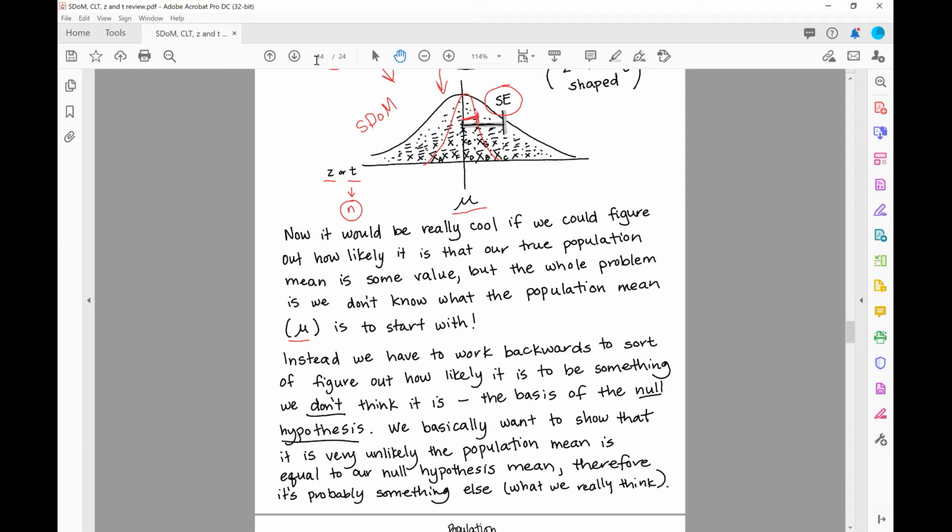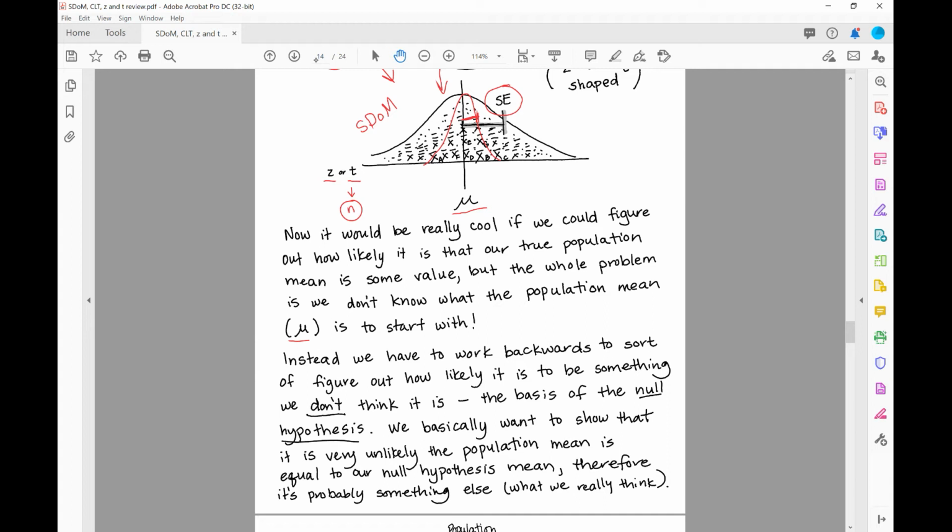So instead of saying, what's the likelihood that it is this particular value that we don't know, we have to say, okay, well, how likely is it to be something that we don't think it is? This is the very backwards part.